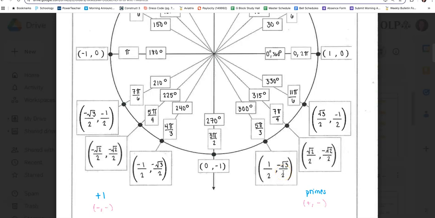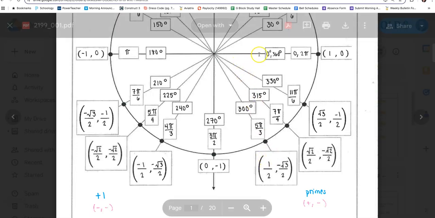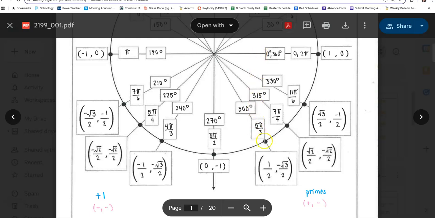Yes, I think. So what we're looking at is, if this is 1/2 and negative root 3 over 2, if you double that, it's going to have the same ratio. It's going to be the same angle. It's going to be longer, but at the same angle.